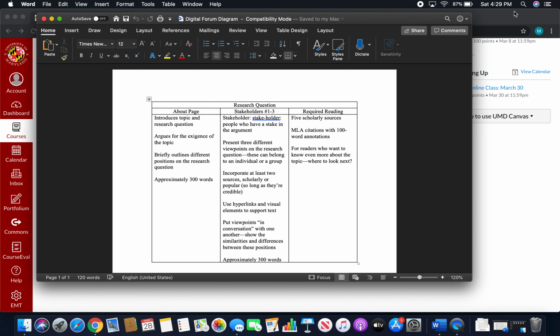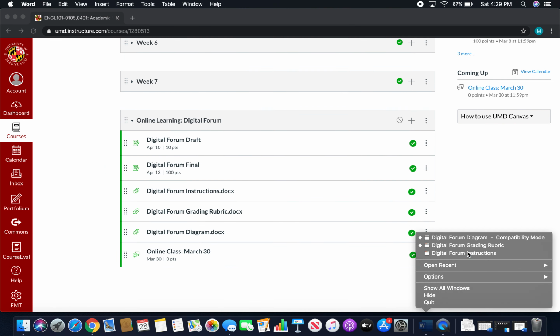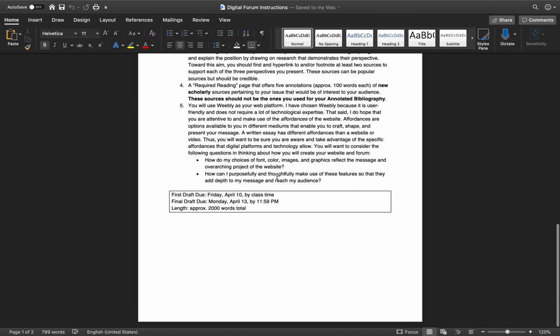As you'll see in the instructions, the first draft of this is going to be due Friday, April 10th by your regular class time. So I'm going to set it up so that you can workshop with a few of your peers. I think that's generally really helpful. And it'll be good to keep in contact with your classmates while we're all off in different places.